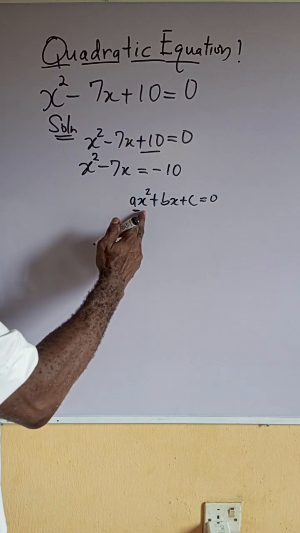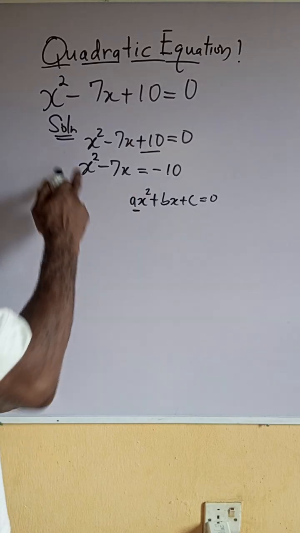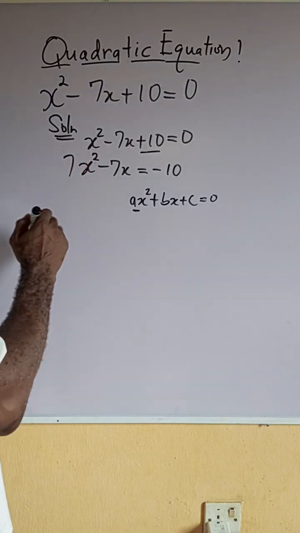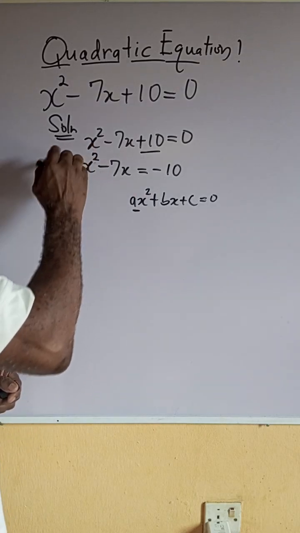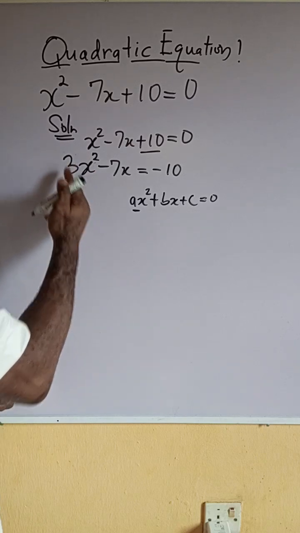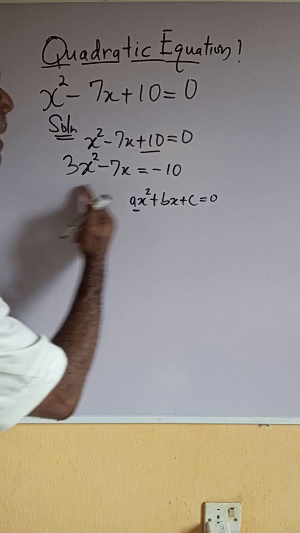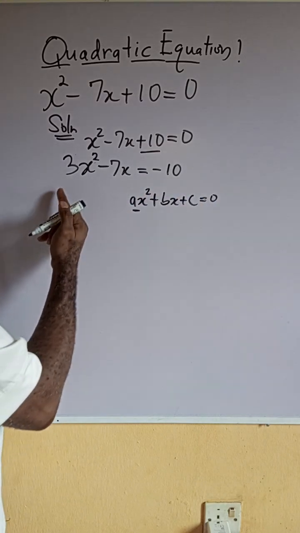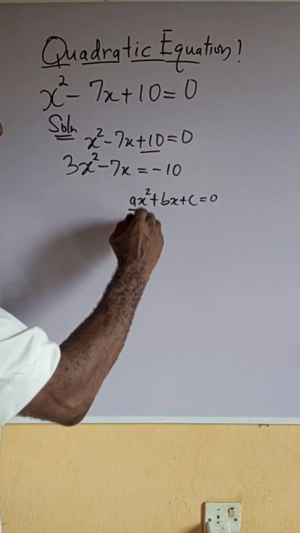Here, the coefficient of x squared is a. So assuming in this equation you have 7 here, or 3, the coefficient of x squared would have been 7 or 3, so that we will now divide across by 3, as you can see here.